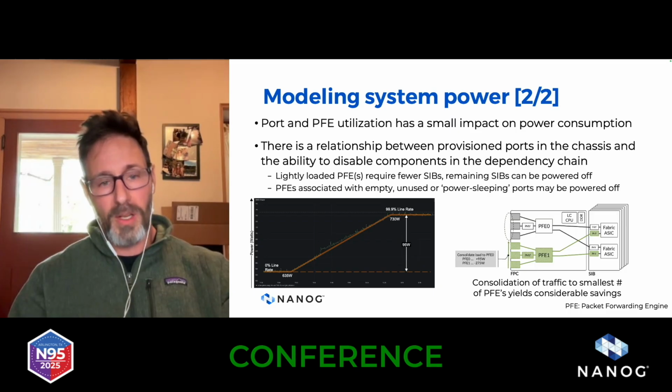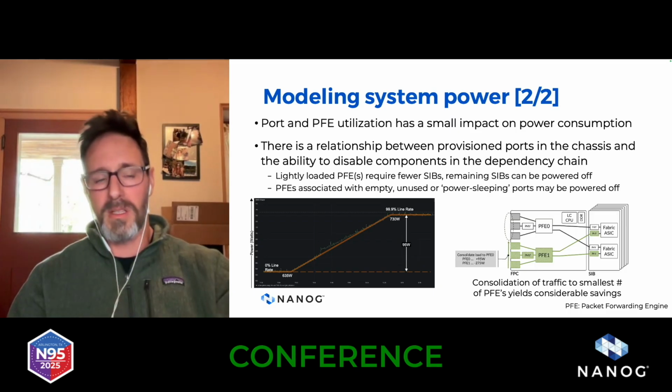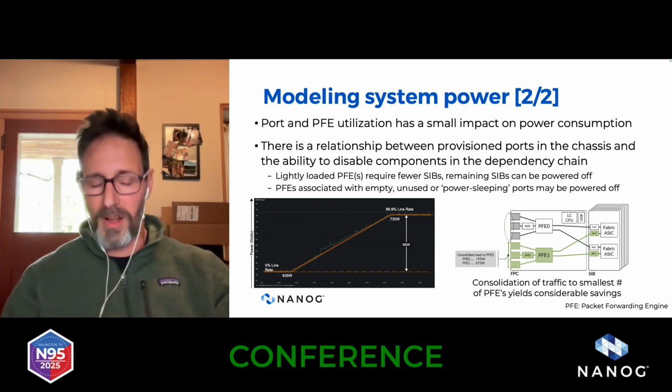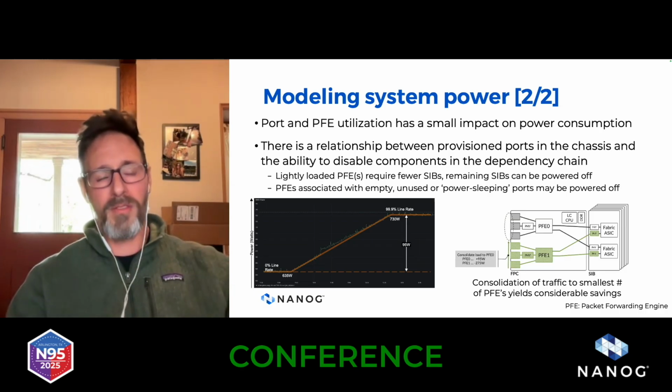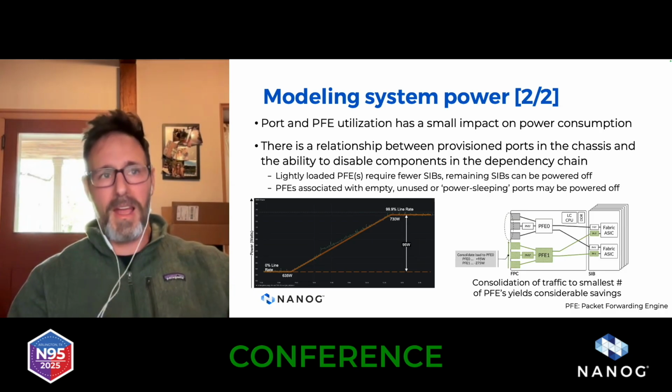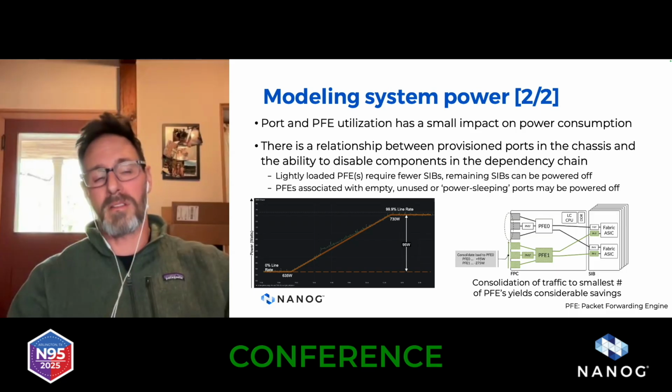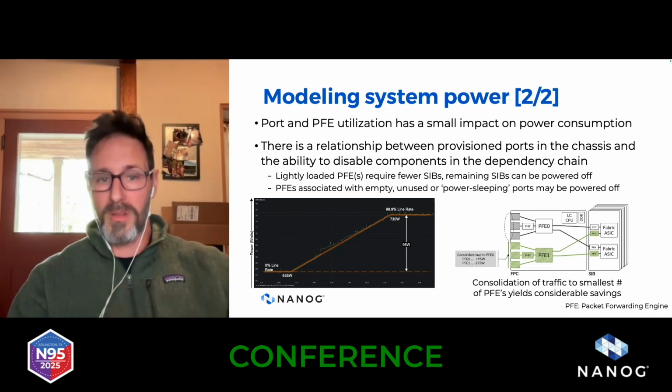If I look at those same forwarding engines at 100% line rate, there's only an increase of 95 watts. So just moving traffic away from a PFE doesn't have a huge impact on the power consumption for those components.